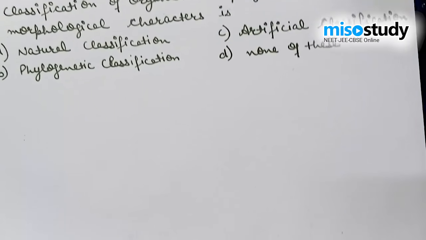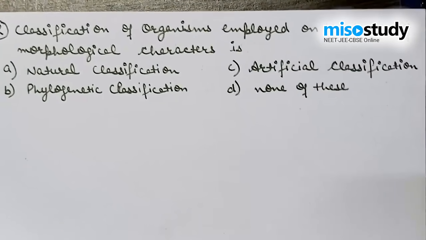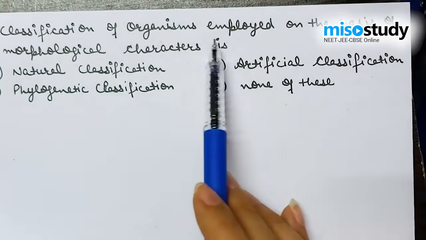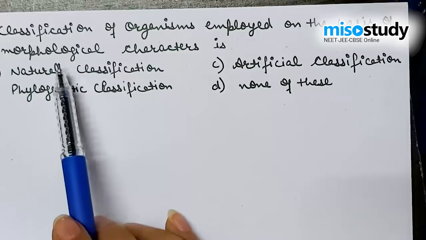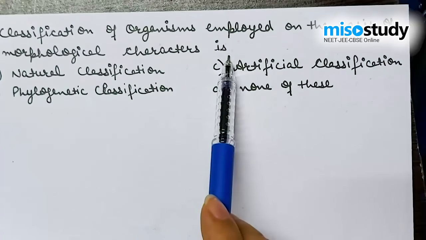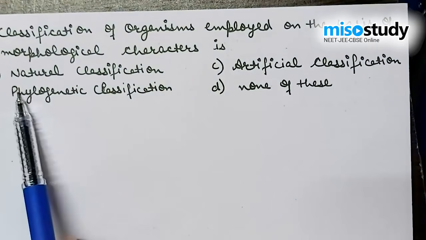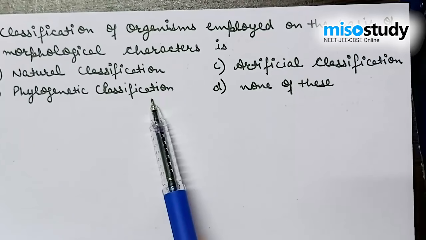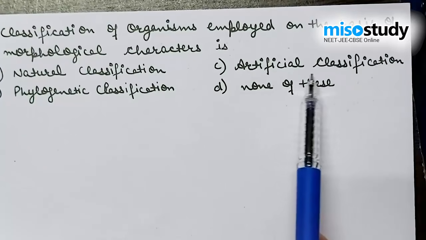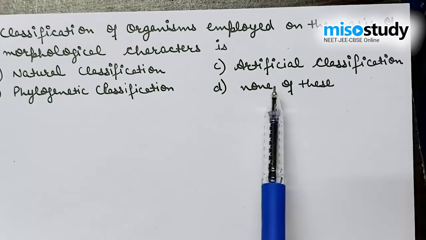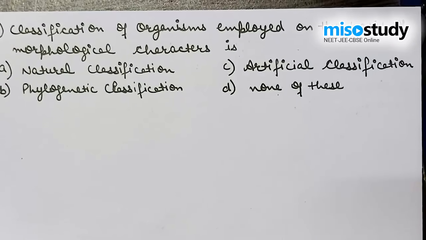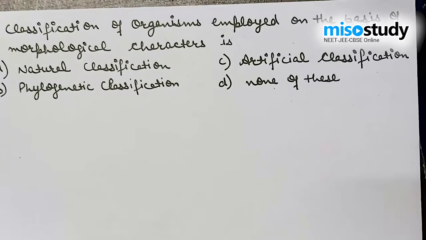The next question which we are going to discuss from the plant kingdom is: classification of organisms employed on the basis of morphological characters is. Option A natural classification, B phylogenetic classification, option C artificial classification, and D none of these.